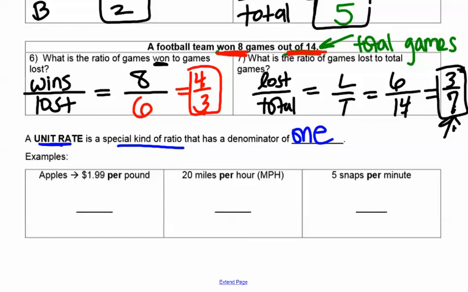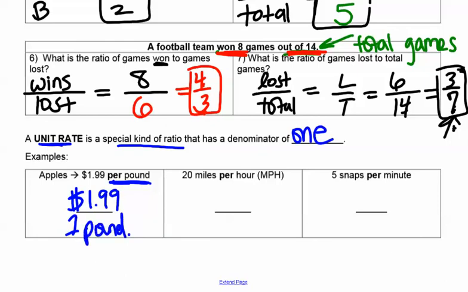So these apples are $1.99 per pound. What that means, if we write it as a fraction, it's $1.99 per pound means per 1 pound. Okay? Now they actually abbreviate pound like this. Pounds. Or we could write it out like this.